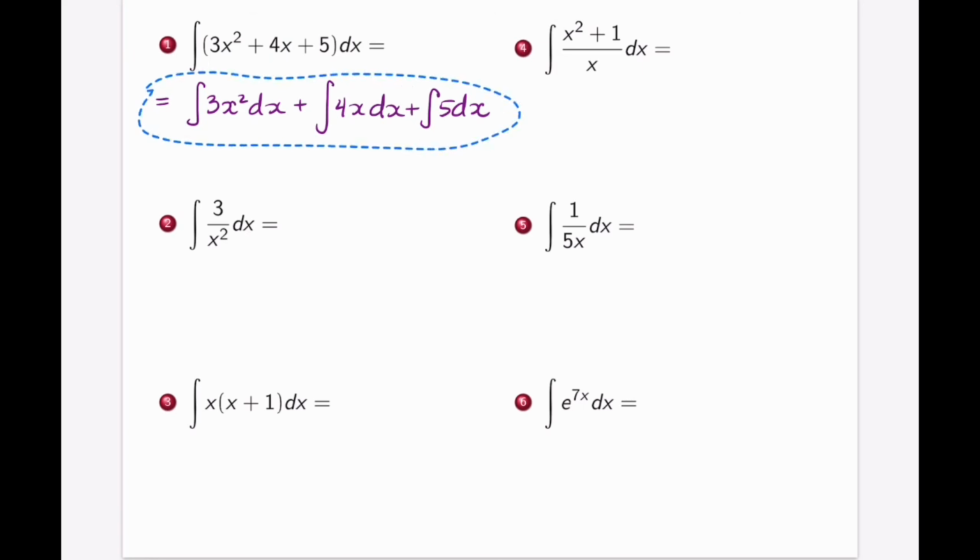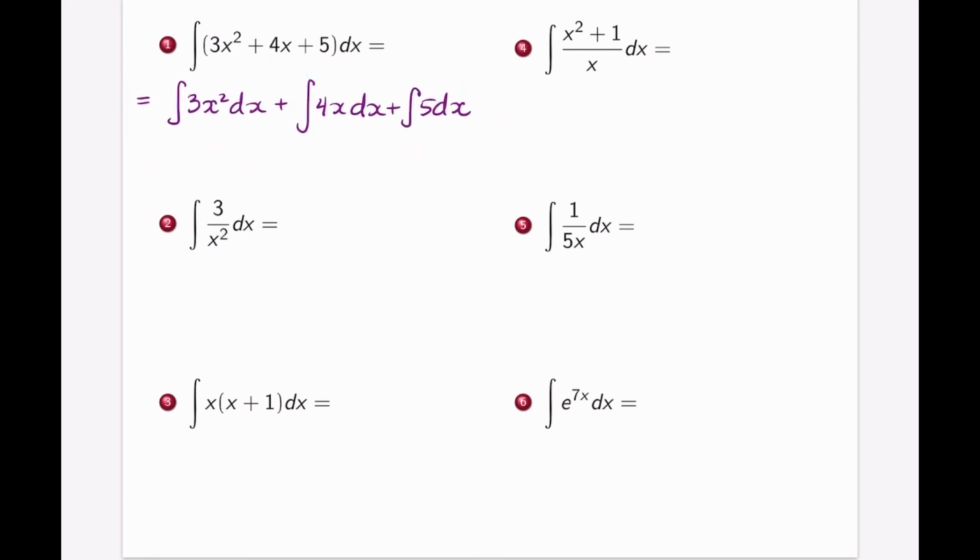Once I have that, the next thing I can also do, I notice, is to take out the constants. So 3 and 4 and 5 can go in front of their corresponding integral signs. So because I'm a little short on space here, I'm actually just going to move them outside like this.